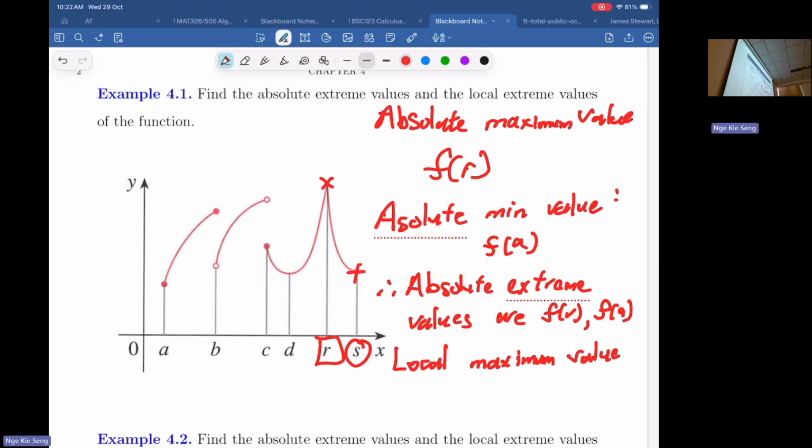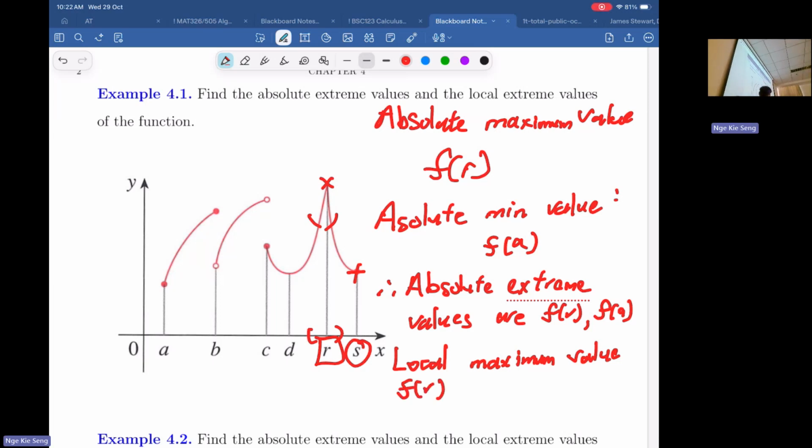So f(R) here. Can you find a neighborhood such that everything around this neighborhood takes values below f(R)? If you take any small neighborhood around R, can you find any other value smaller than f(R)? Correct, so this is a local value again.